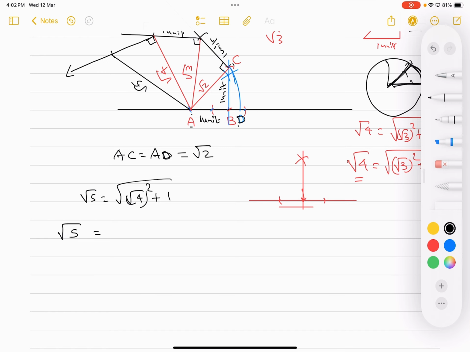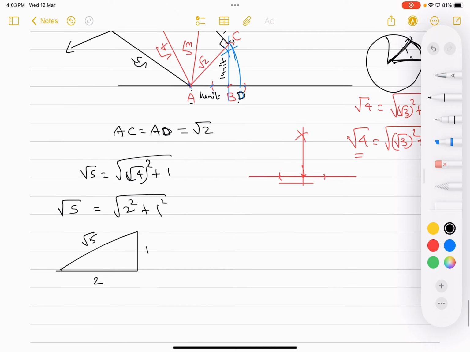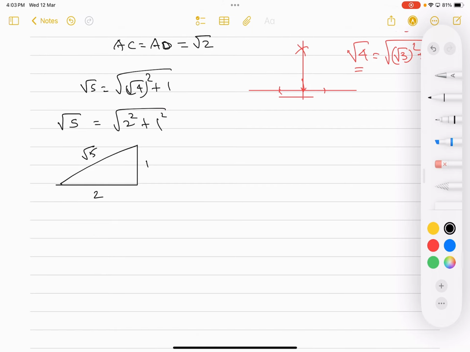If they are asking to do only root 5 directly, you can do root 5 as root of 2 square plus 1 square. That means by making 2 units here and 1 unit here and connecting, this is 2 units, 1 unit, so it will become root 5, correct? Understood? So how can you do that? At least do this for making root 5 separately.